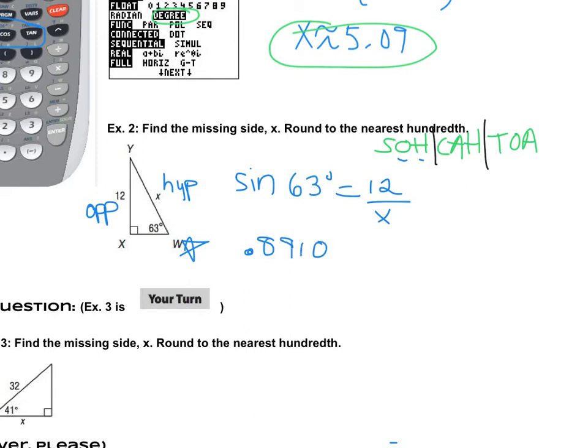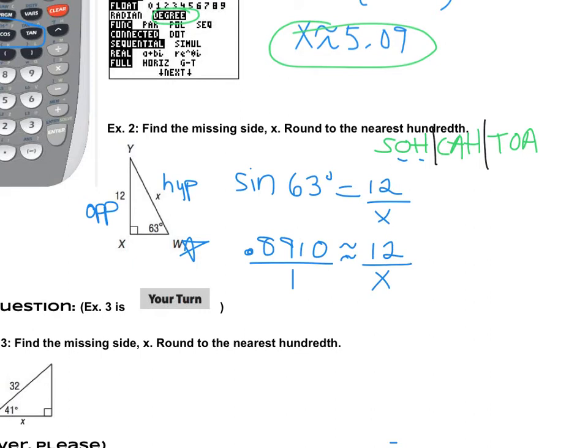On your calculators, you're going to get the sine of 63 degrees out as the decimal 0.8910, and that is going to now be an approximated value, so put your squiggle equals there, is equal to 12 over x. Again, it's a proportion, so make it 1 by putting a 1 underneath that left-hand fraction. And our LCD this time is actually going to be the variable x.